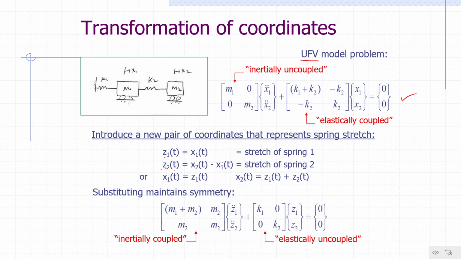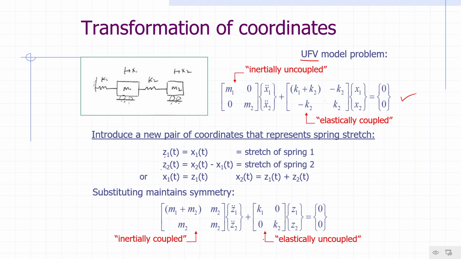Z1 and Z2 are how much you stretch or squeeze the spring in between M1 and M2. Then substitute this back into this equation, and we can have another equation in terms of Z1 and Z2.